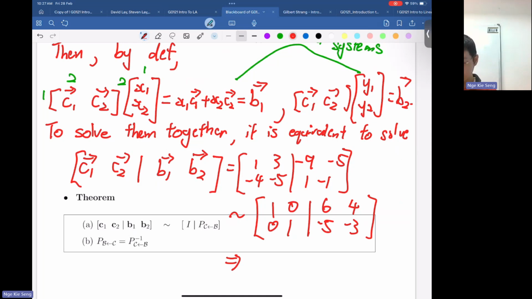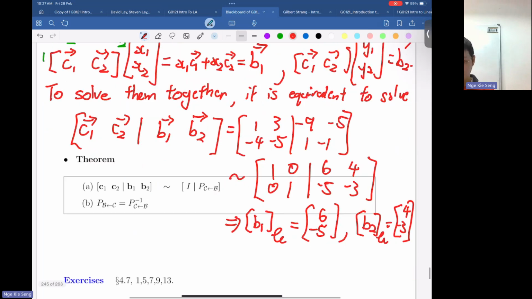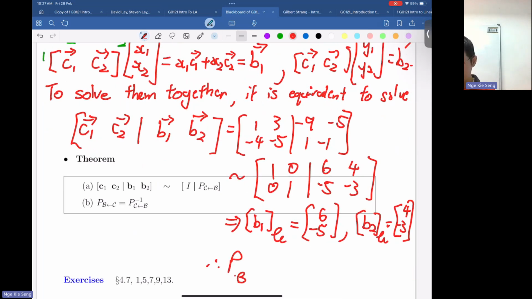So this implies that [B1] in terms of C is (6, minus 5), and [B2] in terms of C is (4, minus 3). Hence your P from B to C is [6 4; minus 5 minus 3].